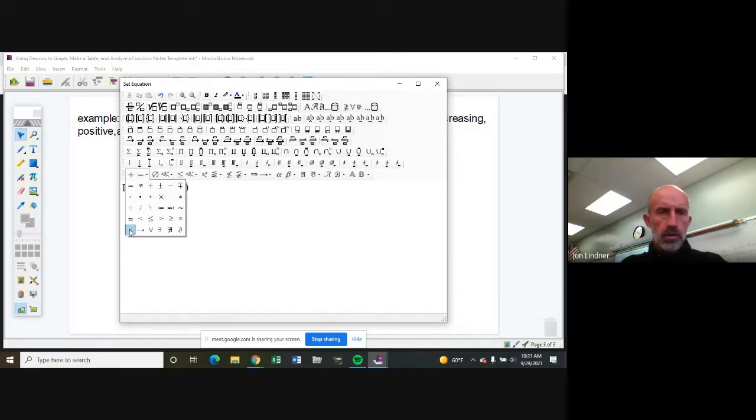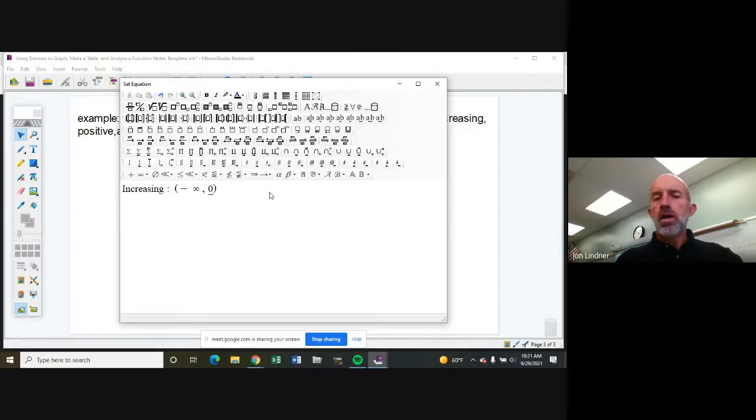There we go. But it should have a negative in front of it. Negative infinity, and then you put a comma, and then a 0. What that is saying is that it's increasing, working left to right, from negative infinity to 0.